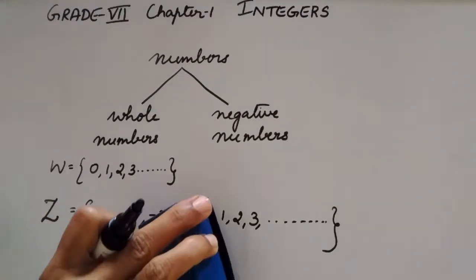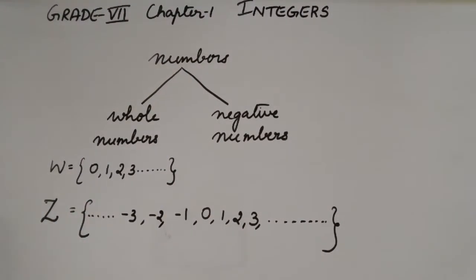Did you get this, students? Yes. Now look at this carefully. You can observe the set of whole numbers here, isn't it? So this is the set of whole numbers.